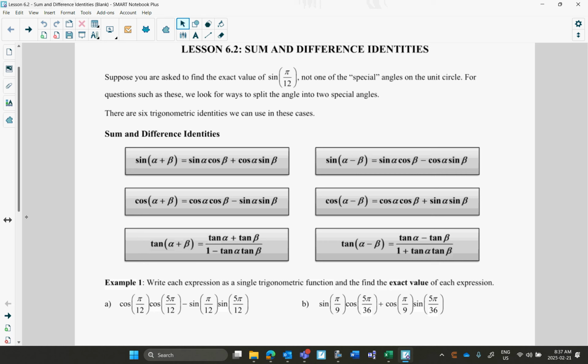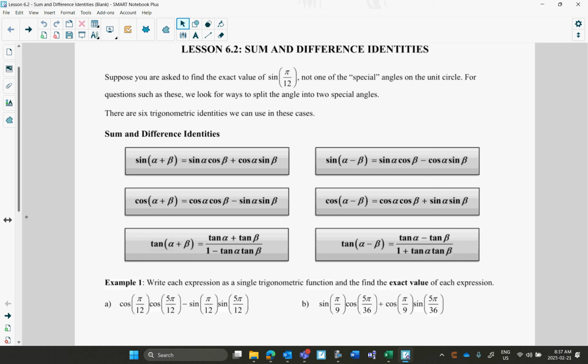So if I had the sine of one angle plus another angle, it's the same as the sine of the first angle times the cosine of the second, plus the cosine of the first times the sine of the second. And then there's a similar identity for cos, although notice it is different. It's cos first, then minus sine. And then tan is quite different than the other two.